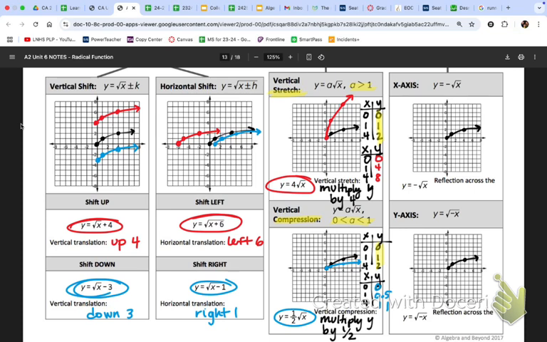And then the last thing is the reflections across the x and y axis. Remember, if the negative's on the outside, it's reflecting vertically. So that would be reflecting over the x-axis. So it bops down below. There he is.